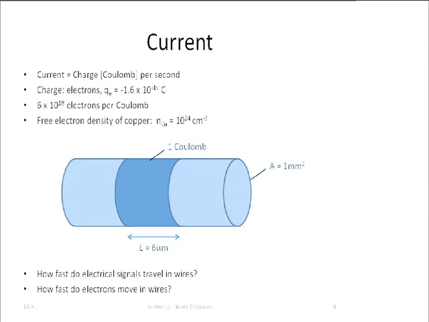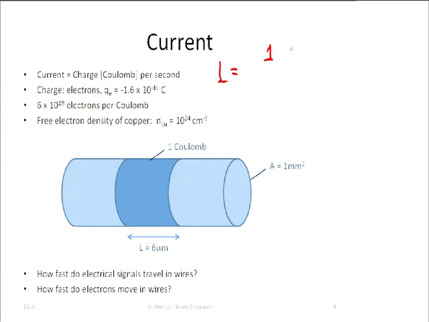So we could actually calculate it. Why don't we do this quickly? This length L is equal to, first of all, the charge that we have here. That's 1 coulomb. Okay? And then we have to divide by the charge density. That's this N copper. That's this number here.